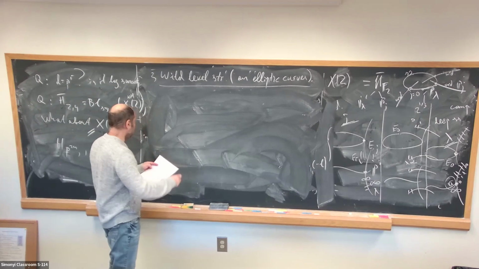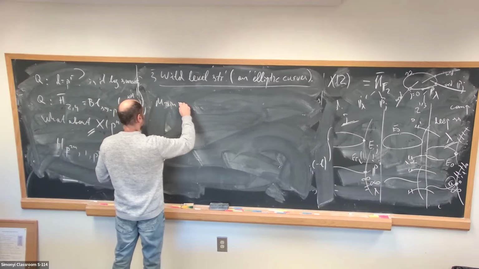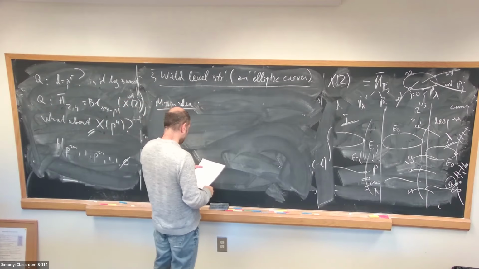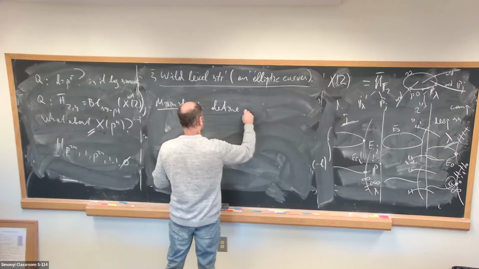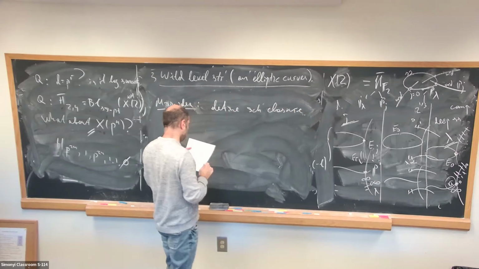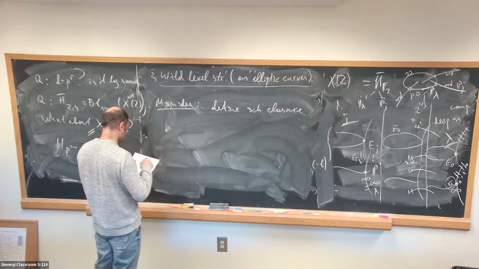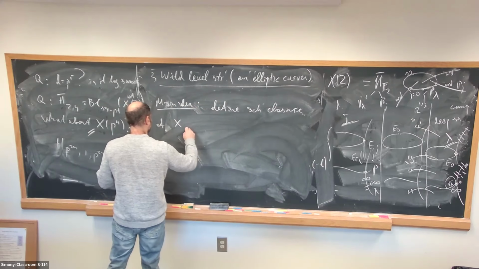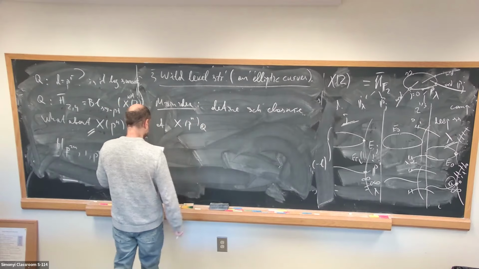Now, main idea. Define schematic closure, just like what we saw with Abramovich-Oort. Start with a more modest thing, define the schematic closure of X_{E[q]}.